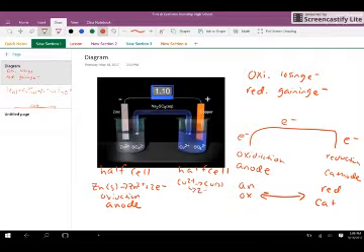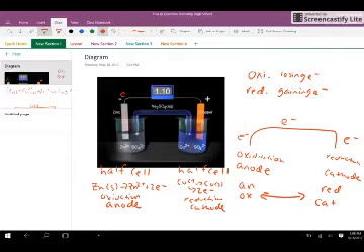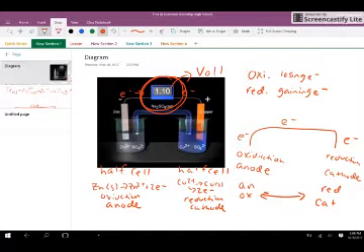So this is reduction, so this must be the cathode. So we know that electrons are going to flow from anode, or oxidation, to cathode, or reduction. So we know that electrons are flowing this direction in the cell. And as they're flowing, you're creating a charge, and this is the charge in volts. So that's the basics.